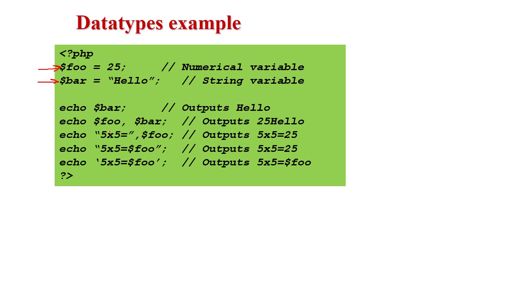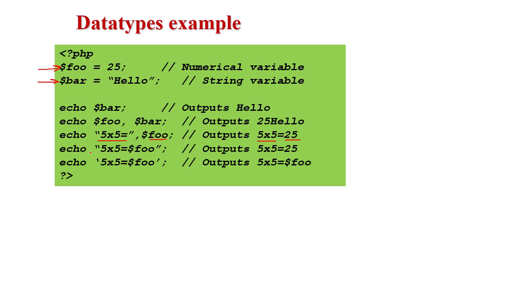If I write here "5x5 is equals to", $foo, then it will display 5x5 is equals to. This will be output as it is, and then the foo variable contents will be displayed here.